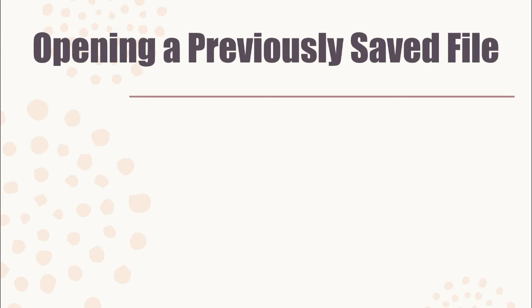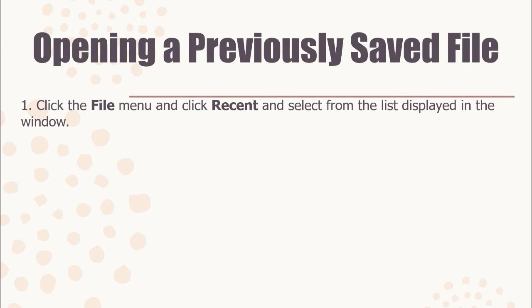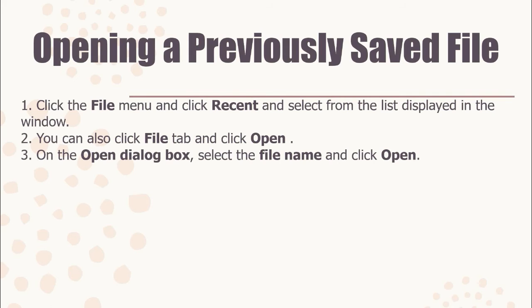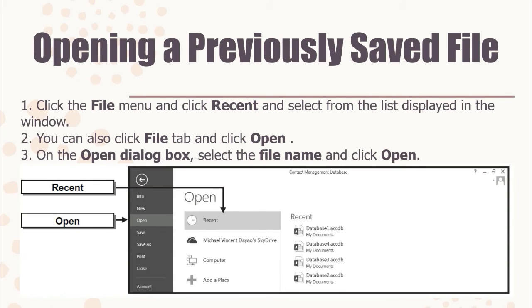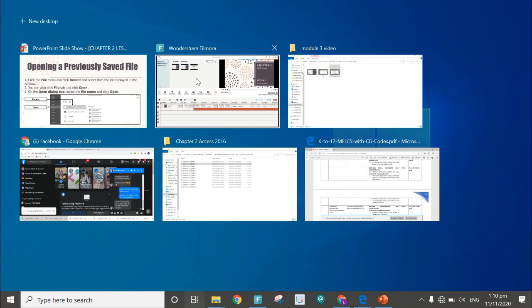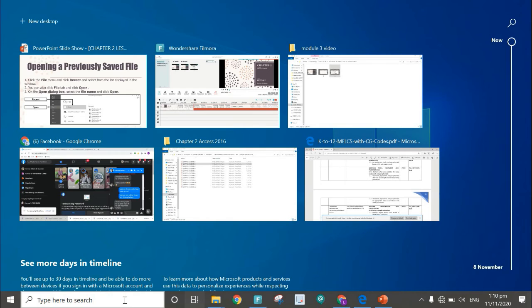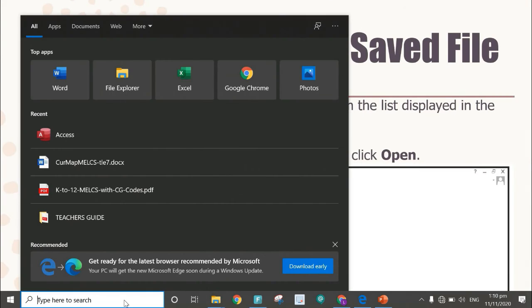Okay, opening a previously saved file. Click the File menu, click Recent, and select from the list displayed in the window. You can also click the File tab and click Open. On the Open dialog box, select the file name and click Open. Okay, so para maka-open ka ng recent file, or previous file na ginamit mo na. For example, open na yung ating Microsoft Access.